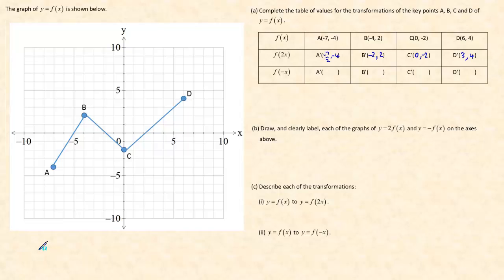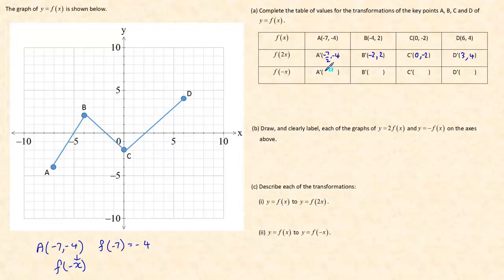So if we think again about A at -7, -4, that's telling us that f of -7 is -4. Now if we have f of -x, in order to get -7 inside the function, x itself has to be 7, and then we take the negative.